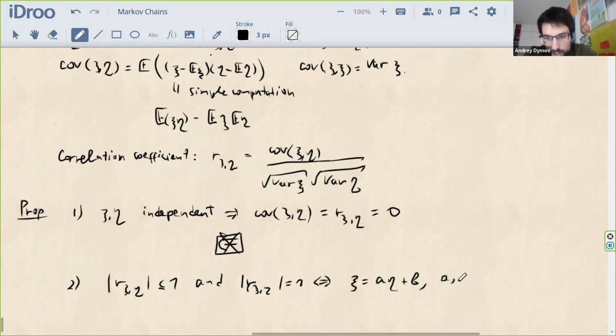Here a and b are just some numbers. Of course, this property should hold almost surely.